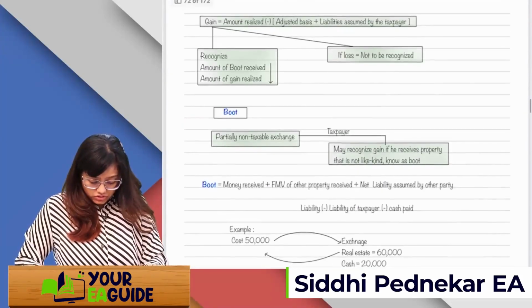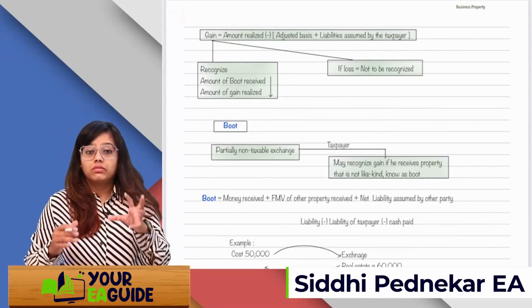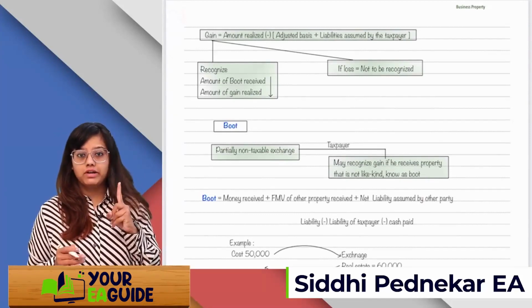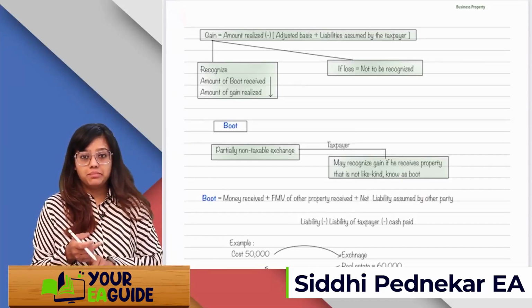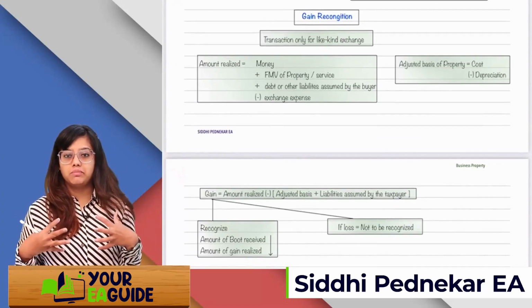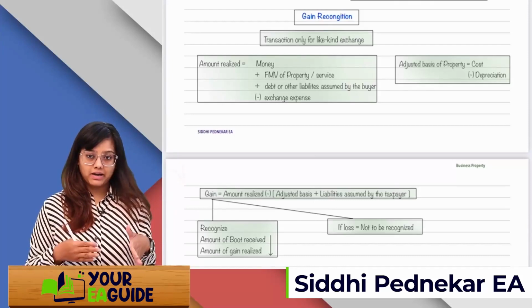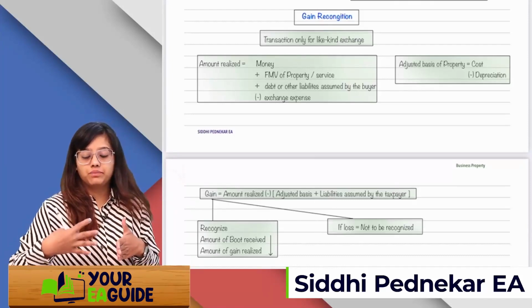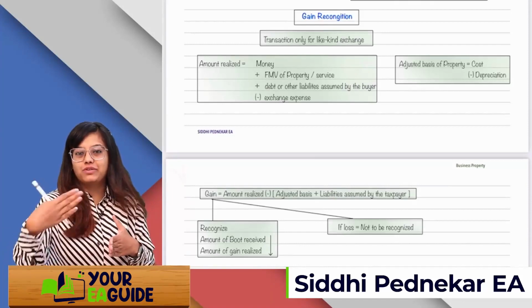So how much are you going to recognize? First step is to calculate the gain. What is the gain? Amount realized minus adjusted basis of the property. What is amount realized? Whatever benefit you are receiving, meaning mortgage that was paid by the seller is getting transferred to the buyer.